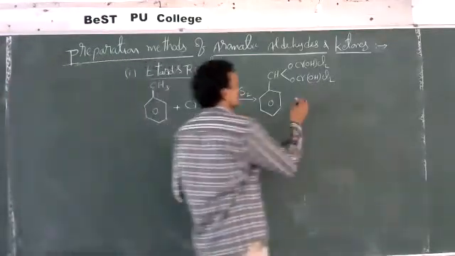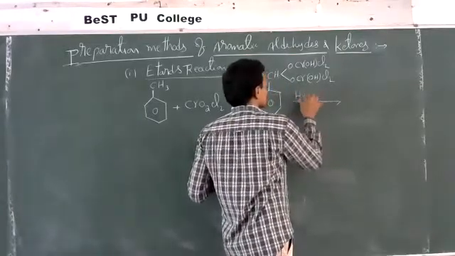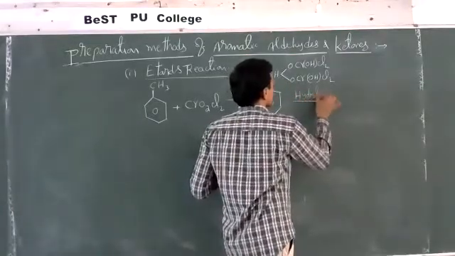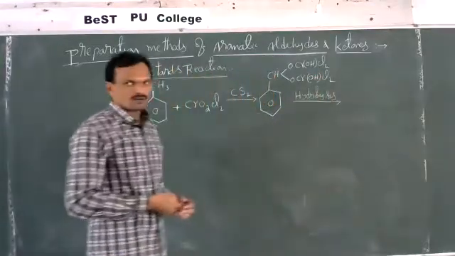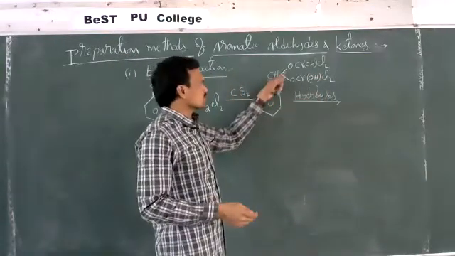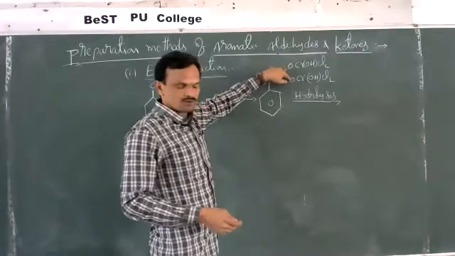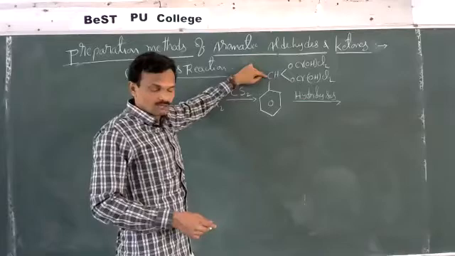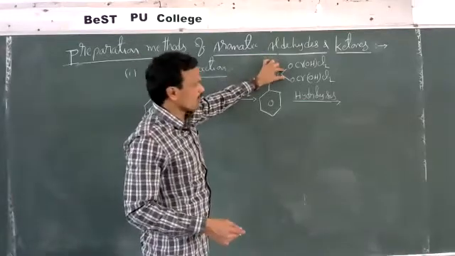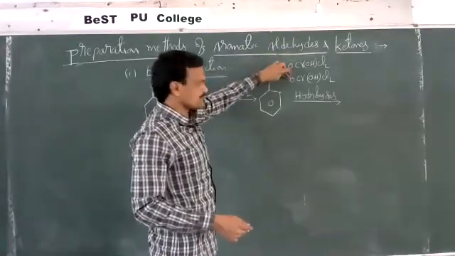And this complex undergoes hydrolysis. On hydrolysis, these two bonds will break. Here one hydrogen will be added. At this carbon, an oxygen atom will be added, in the two valences one oxygen is added here. Here one hydrogen will be added.